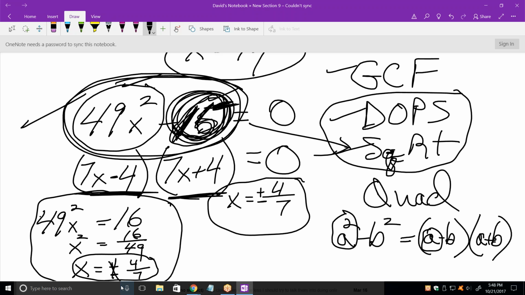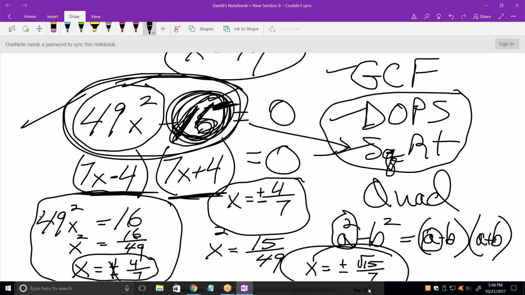But I could certainly move the 15 to the other side, and then I would have x squared equals 15 over 49, and x would be equal to plus or minus the square root of 15 over 7. I would get the answer using the square root of both sides method, even if it wasn't perfect squares.